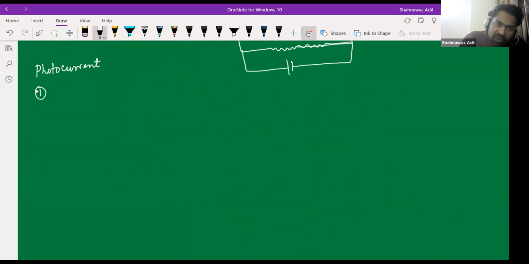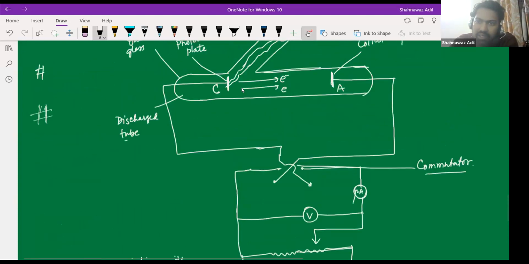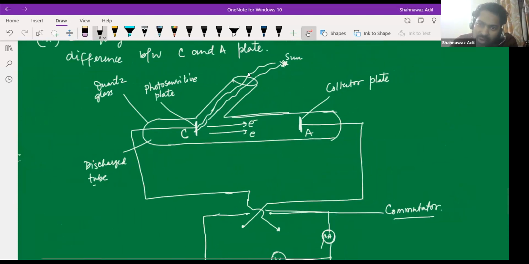by changing, first, the intensity, right? Photocurrent variation with intensity. Let's say some amount of rays were coming, but we increase that amount.